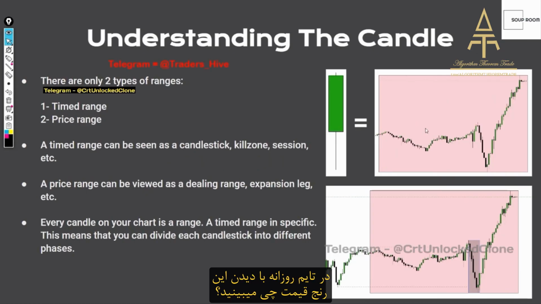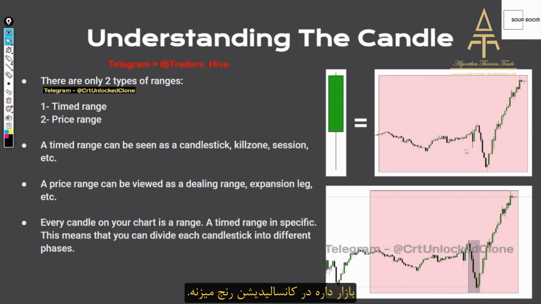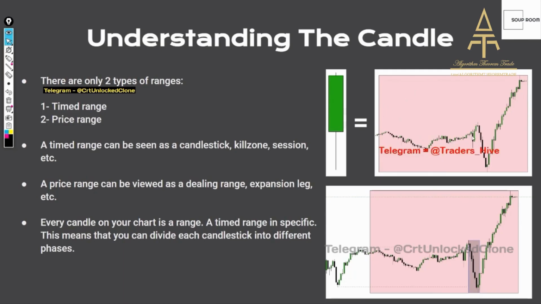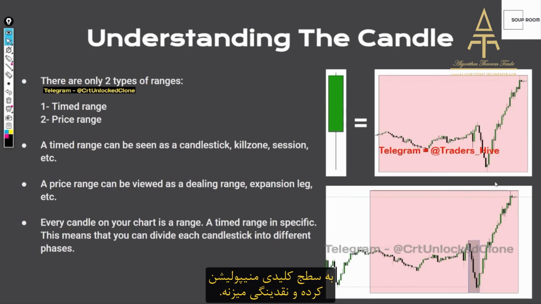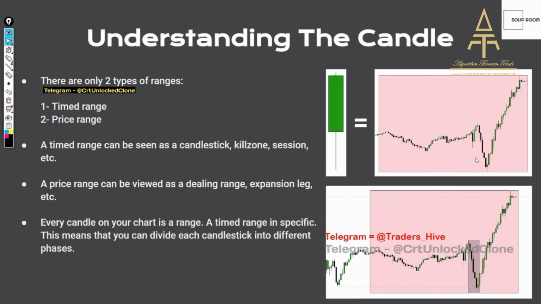Now, just looking very quickly at this price range, what do you notice on the daily time frame? We have consolidation, a ranging market, manipulation into likely a key level, taking out liquidity, and reversing higher.